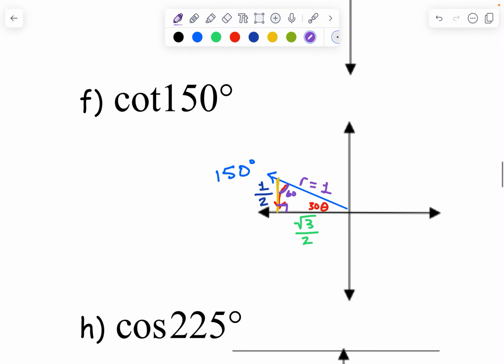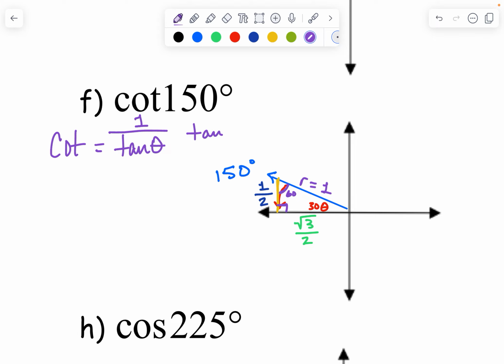Now I just need to know what cotangent is. Cotangent is the inverse of tangent. Another way of saying that is it's tangent, which is y over x, flipped. So cotangent of theta equals x over y.